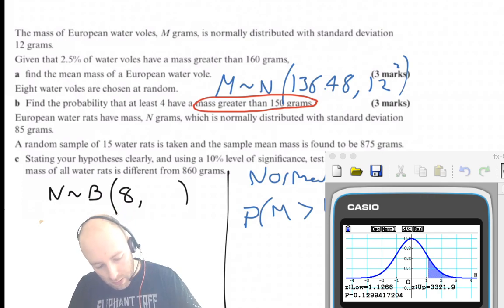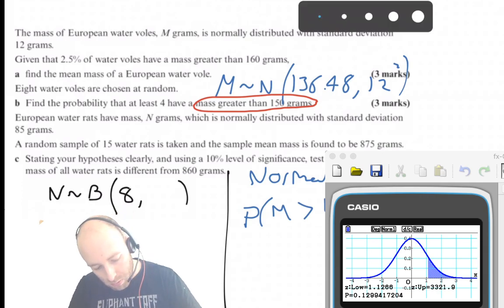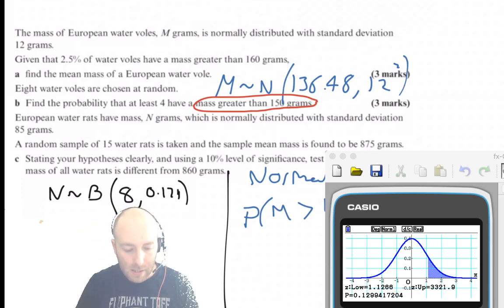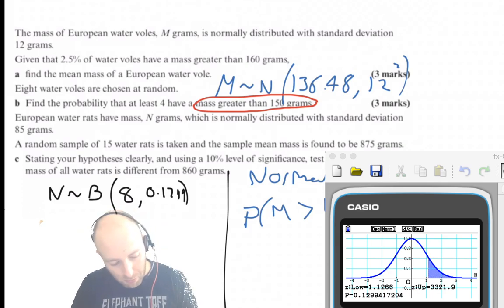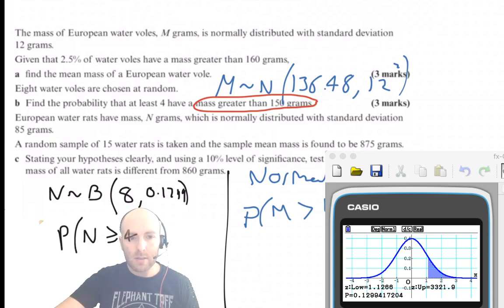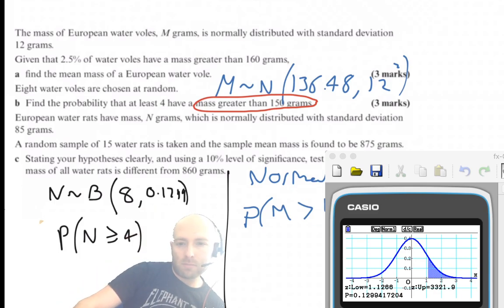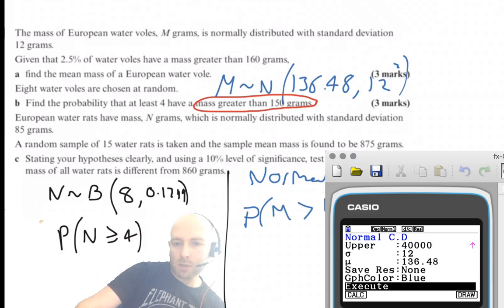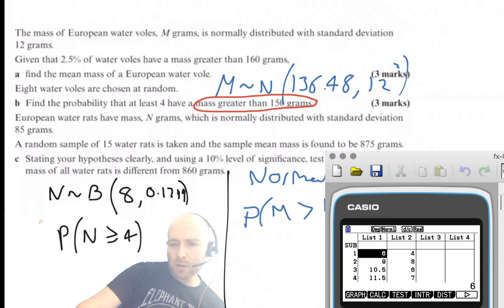So if I write that in here, 0.1299. And for our binomial question, we want the probability that at least 4. So we want n to be greater than or equal to 4. So we can do this on a calculator as well. So we're going to go back to distribution, binomial this time. We're trying to find a probability, so BCD.